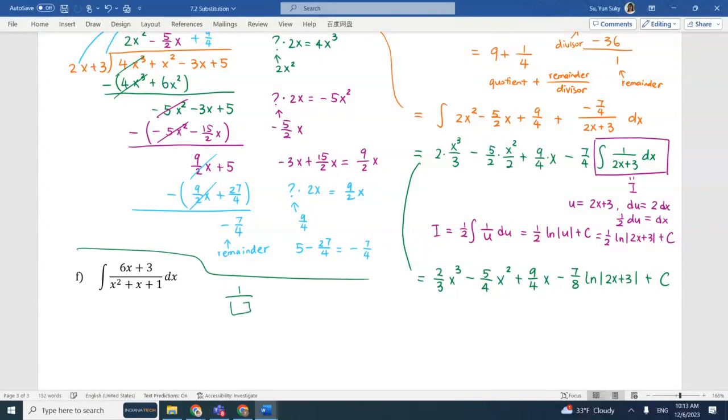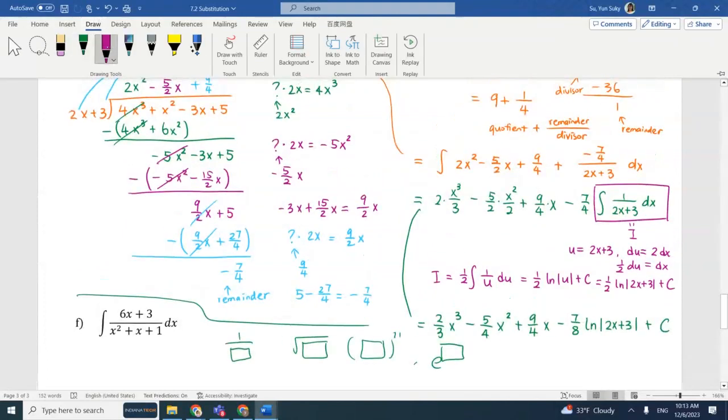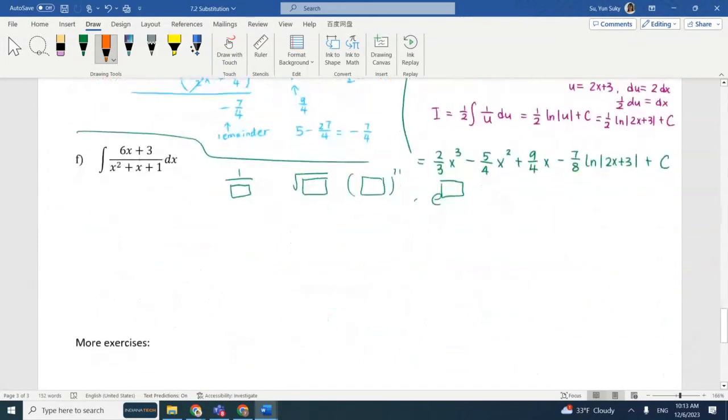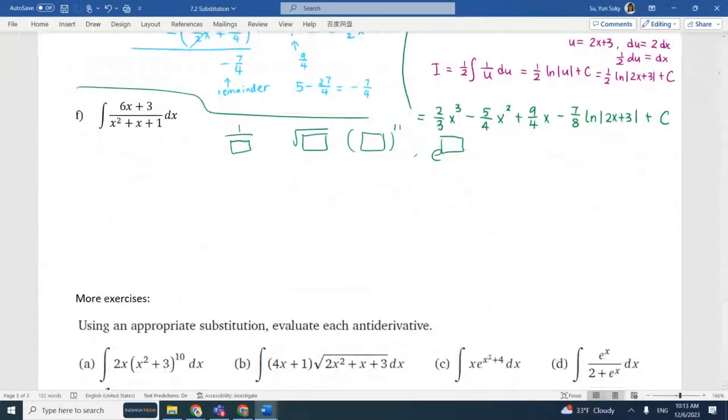So it's either inside the denominator, or if it's inside some power, or it's on the exponent of the e. That's usually the u. In this case, the u is in the denominator. So you recognize there's a composite function, so let u be the denominator.